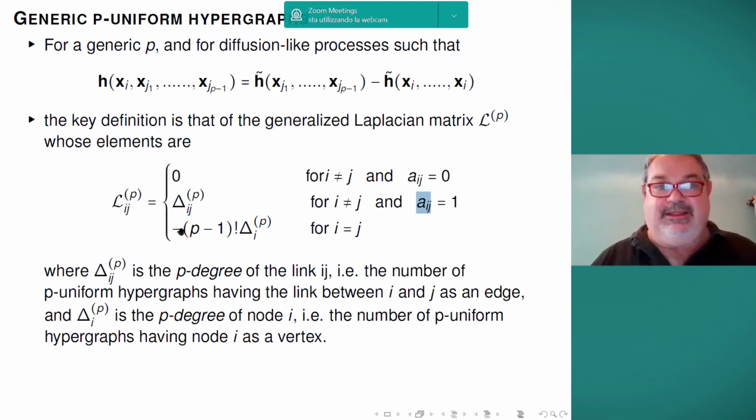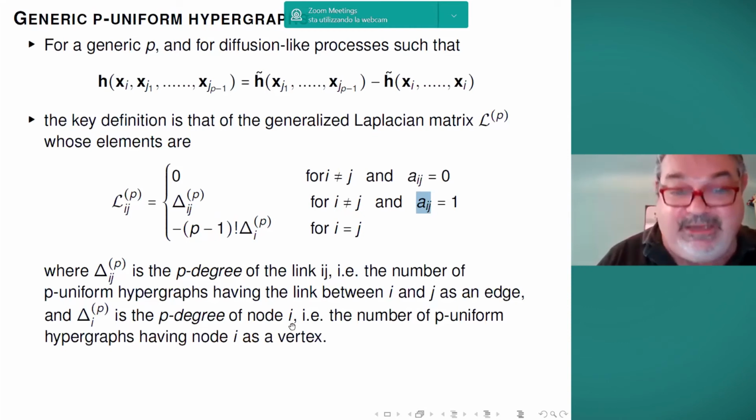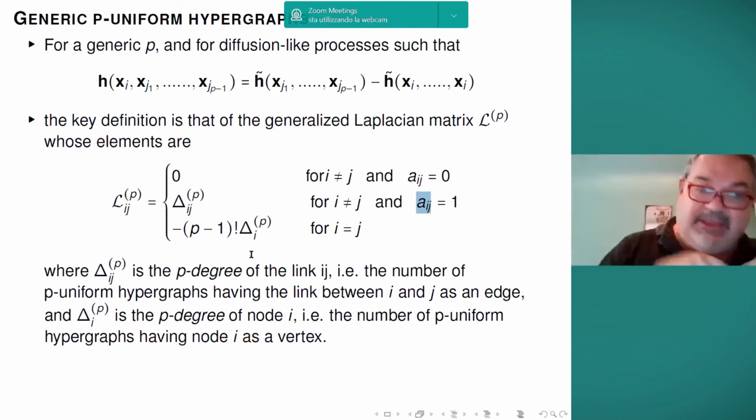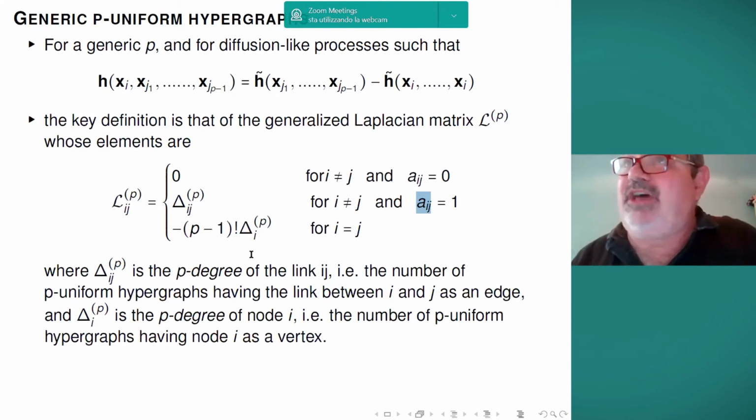And then in the diagonal elements, you have minus p minus 1 factorial times delta ip, where the ip is again the p degree of node i, the number of p-uniform hypergraphs which have node i as a vertex.